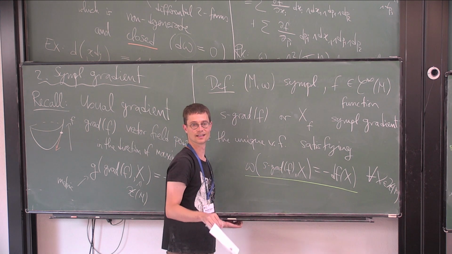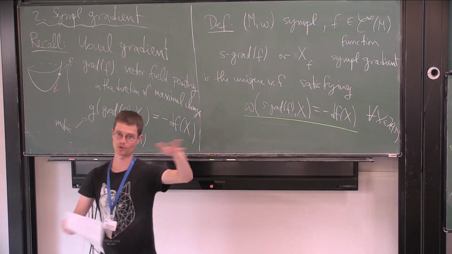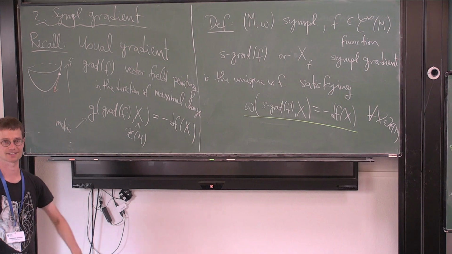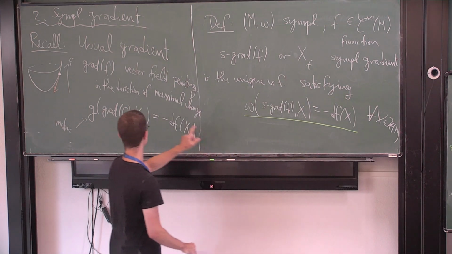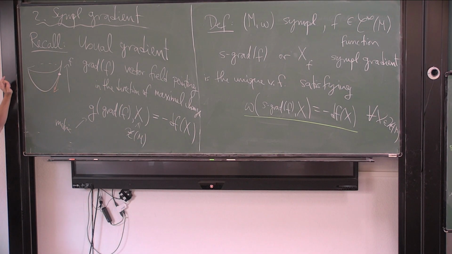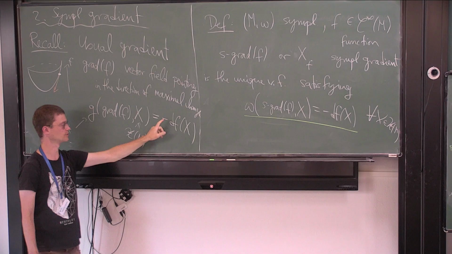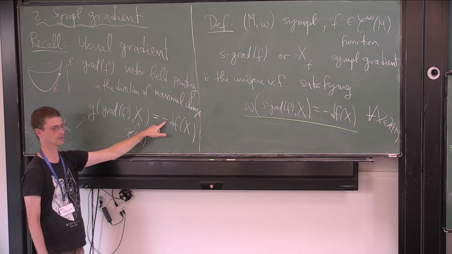Yes? Why is there a minus sign? For convenience reasons. Symplectic geometry is always covered with signs, and I really stick to my convention. For the gradient, it depends on whether you want, when you do gradient descent, do you descend along the gradient or minus gradient? Minus gradient. I think people would typically say that you do gradient descent with respect to minus gradient, and maybe this is why there's a minus sign here.